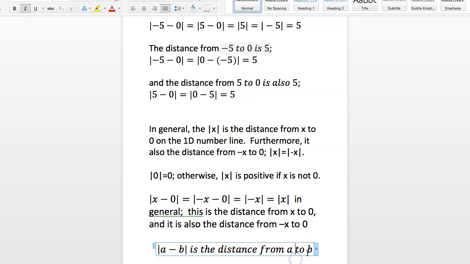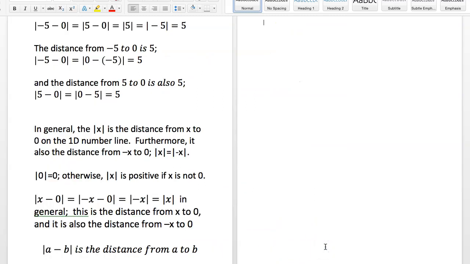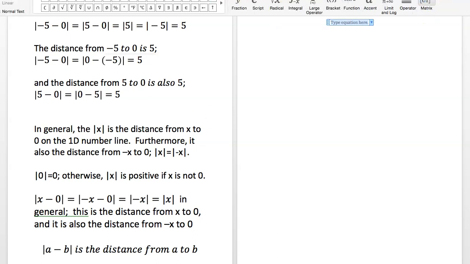So let's give it a look. So the absolute value of 5 minus 3. Well, let me get the pretty editor so my minus sign will be big.